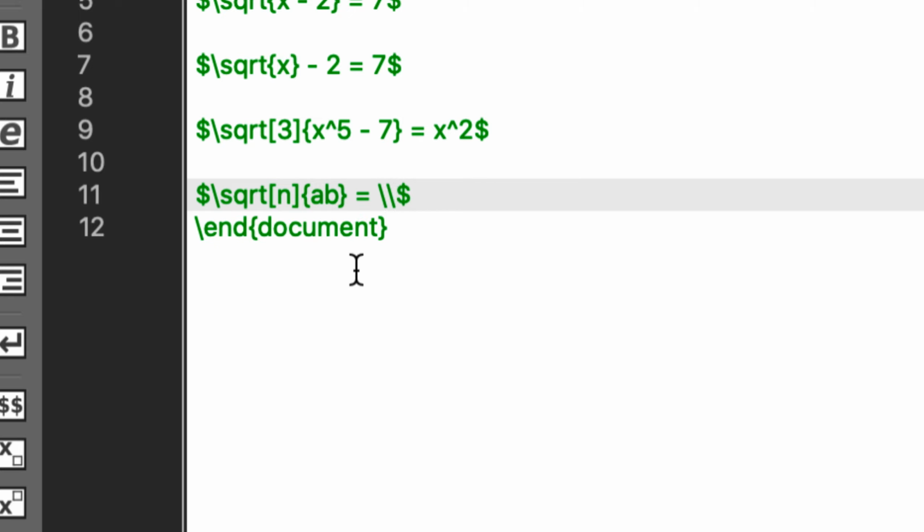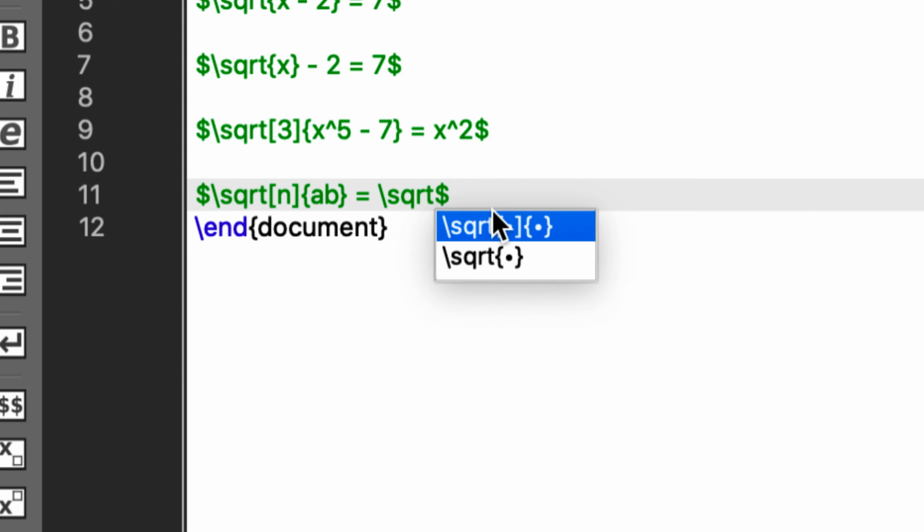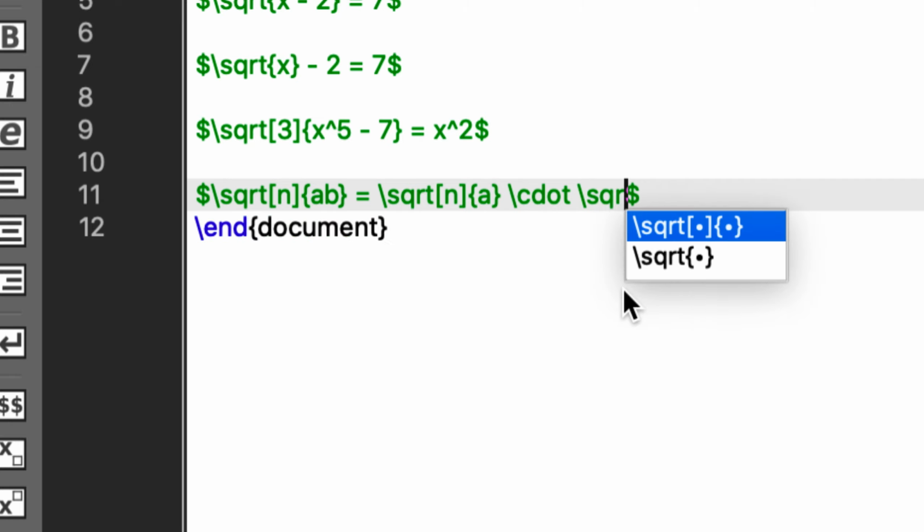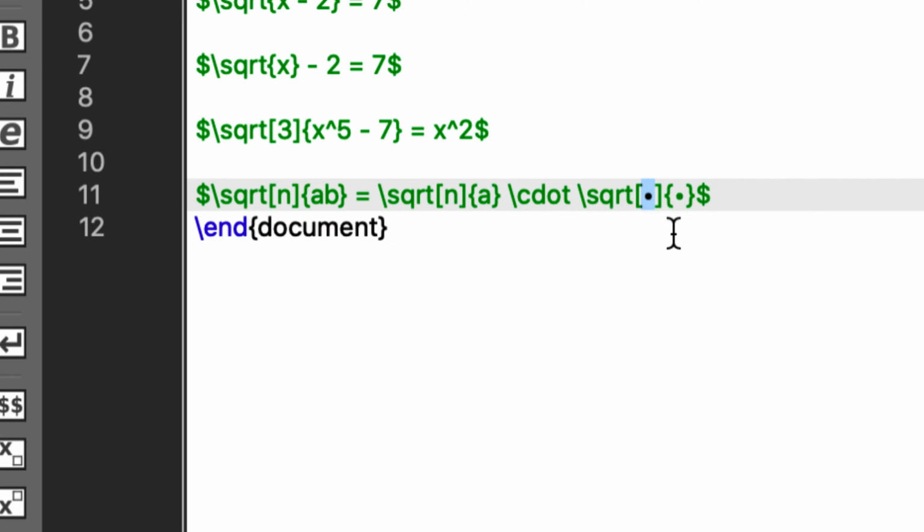Square root din tayo. Nth root of A times C dots. O C dot. Yan yung dot na maliit. Tapos, nth root of B. Okay, tignan natin.